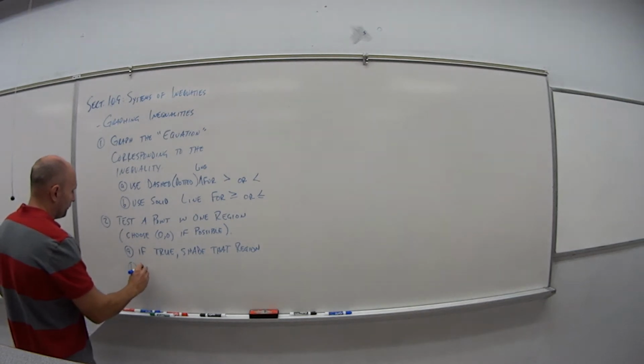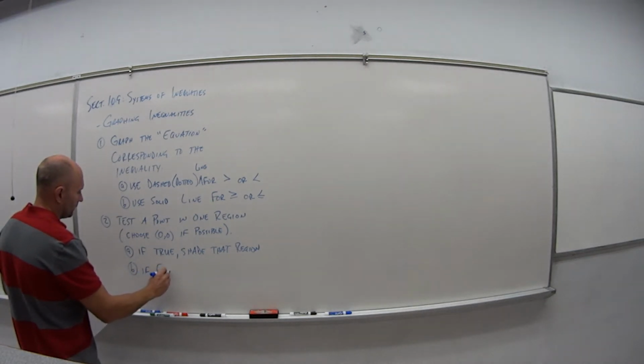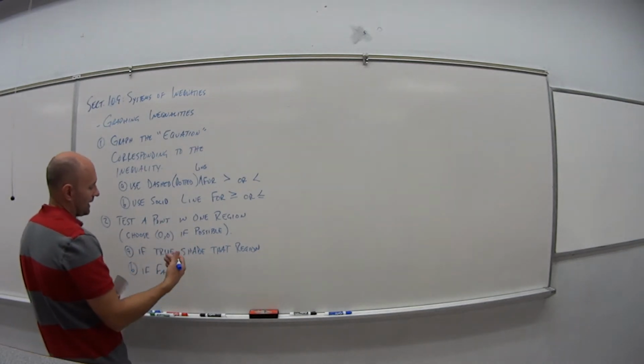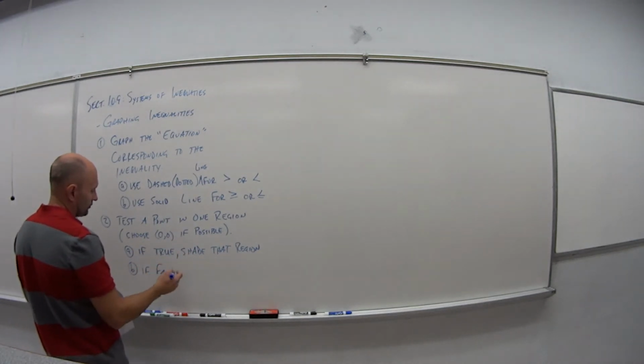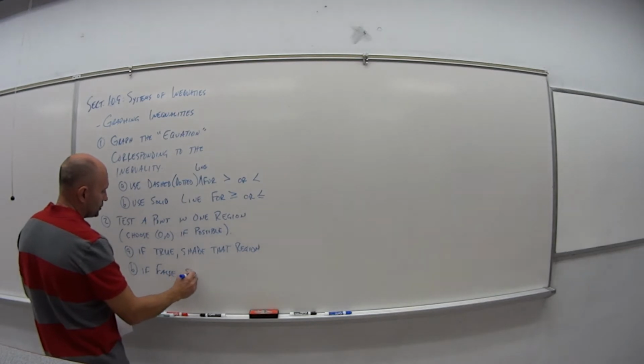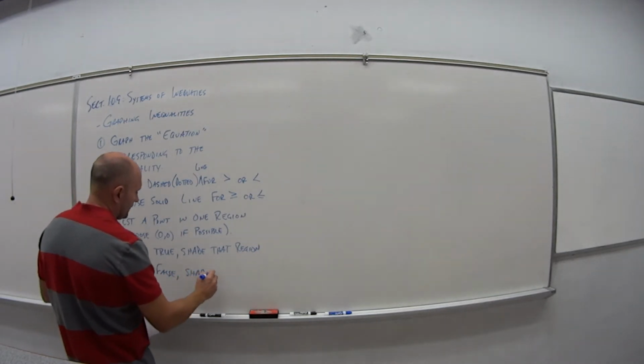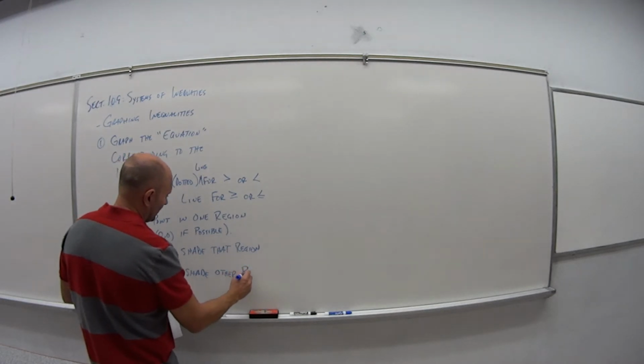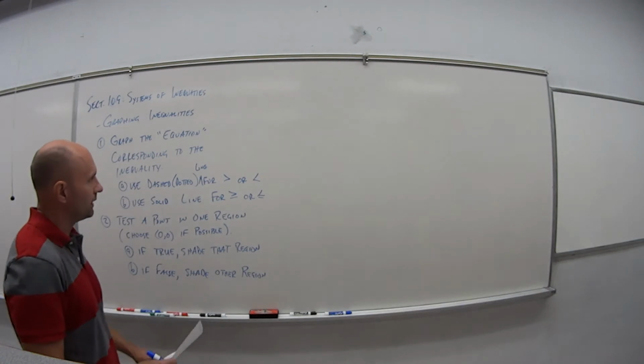If it's false, so I pick 0, 0, I put it in the inequality, I simplify it, it says nope, false, then I shade the other region, in this case outside the circle. And again, we'll do a couple examples so it'll hopefully make a little more sense.